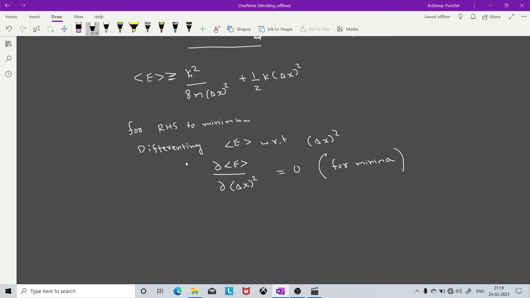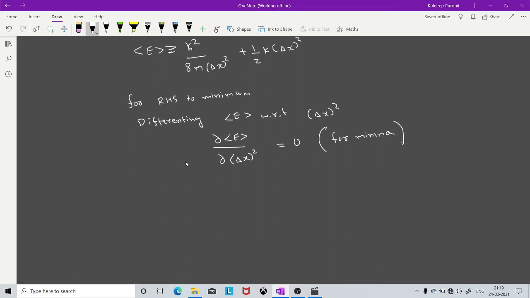So you will get 0 equal to minus h cross square by 8m into delta x raised to 4, for minima, plus half into k. Sorry, I have written 0 here.